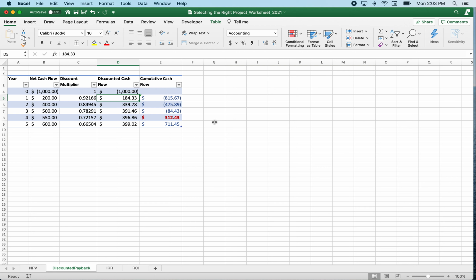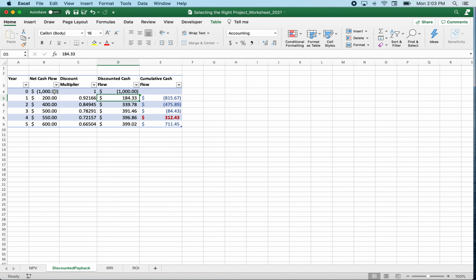Now, before I go into that, keep in mind you can actually have two types of payback calculations. Payback in the normal sense does not consider discounted dollars. So we can calculate the payback period without discounting.